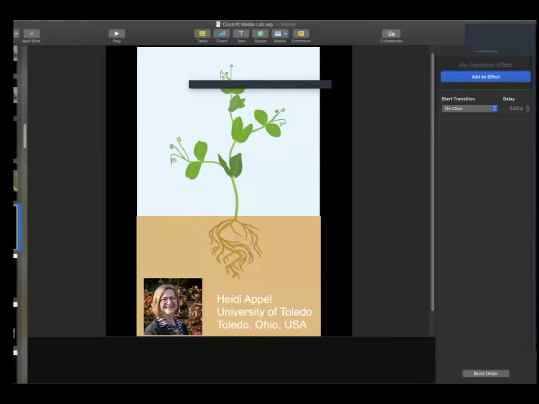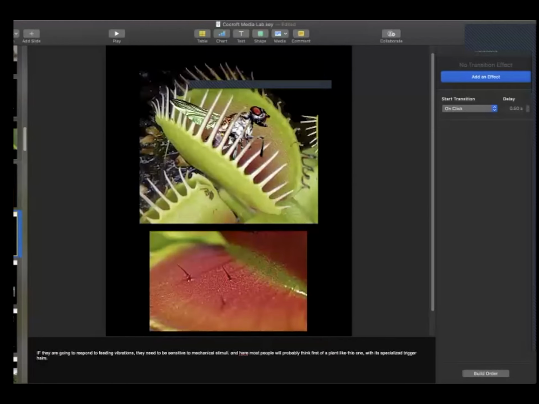I'll build, before I present data, the thinking behind why we thought this might be possible. Of course, we really didn't think it would be going on. But if you think about plants and mechanosensing, you probably think first of really specialized structures like the Venus flytrap, where there are trigger hairs, an insect walks past at the right rhythm, and then the trap closes.